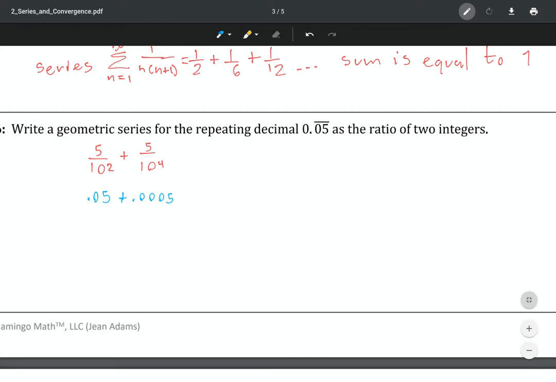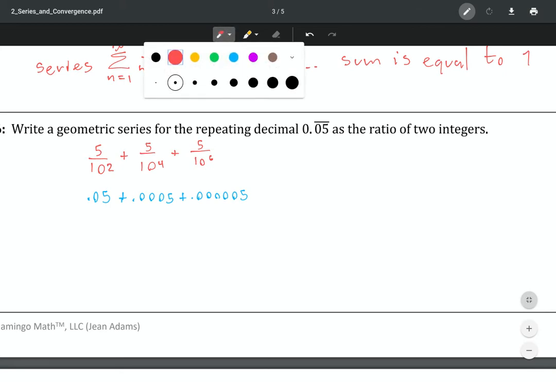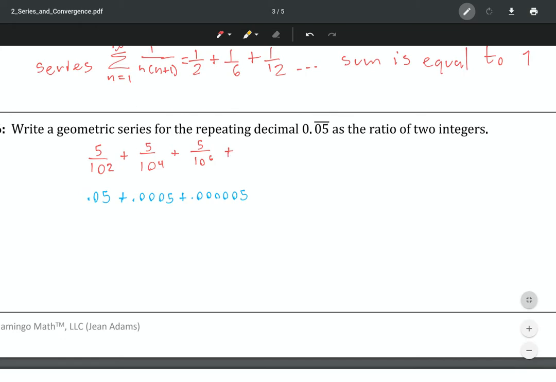And by that same logic, if I go for the next number, like 5 over 10 to the sixth power, that would be the same thing as me adding 0.000005. That would give me the number 0.050505. So hopefully you can see by now, if I keep going in that logic, then I would have the repeating decimal.